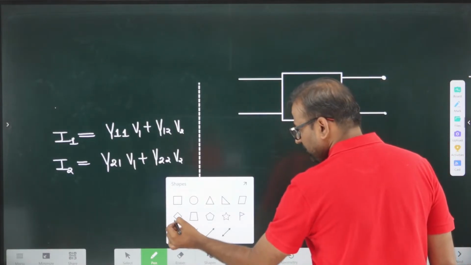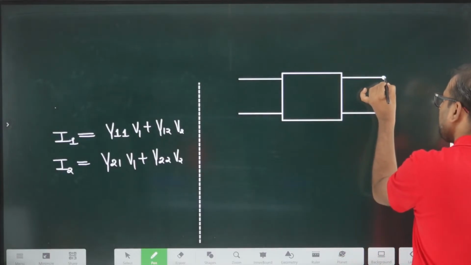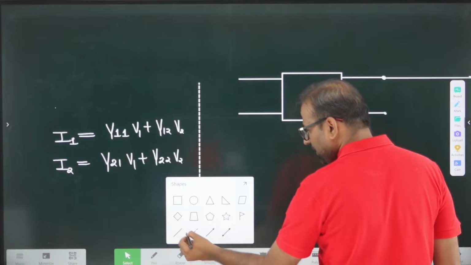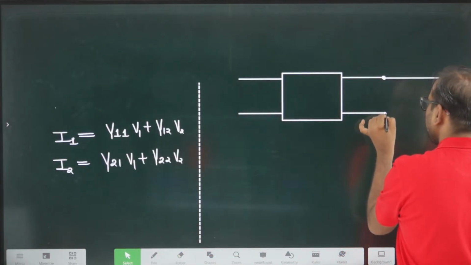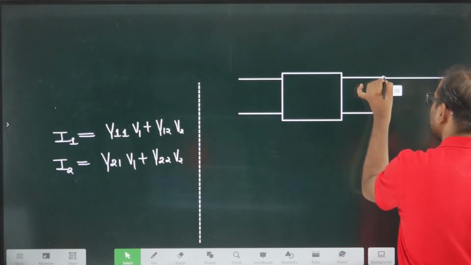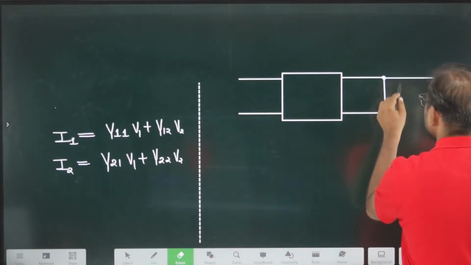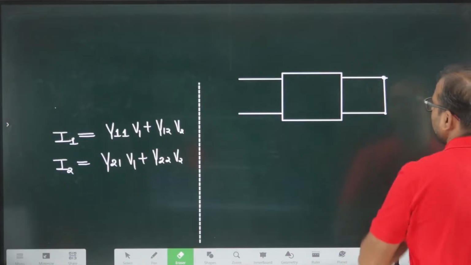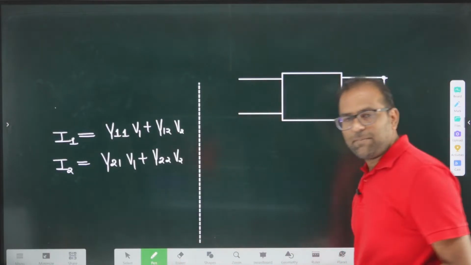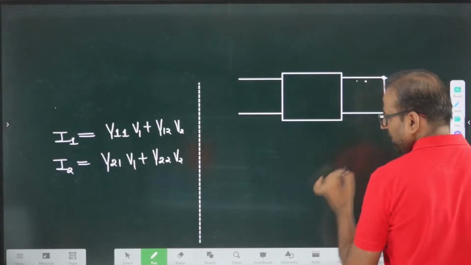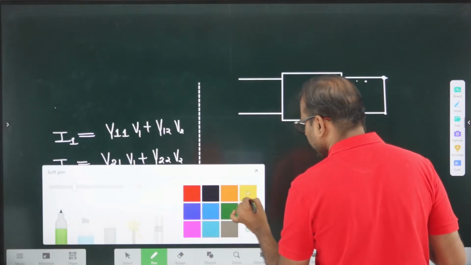I am making the independent variable equal to 0. In this case, what is the independent variable? In this case, the independent variables are V1 and V2. So what I am doing here, I am making V2 equal to 0.